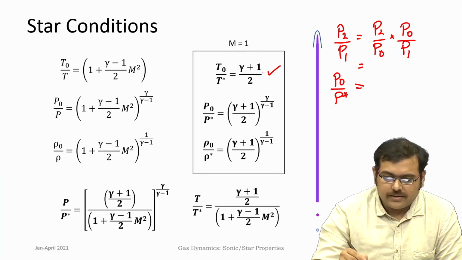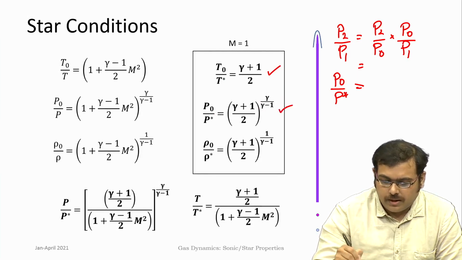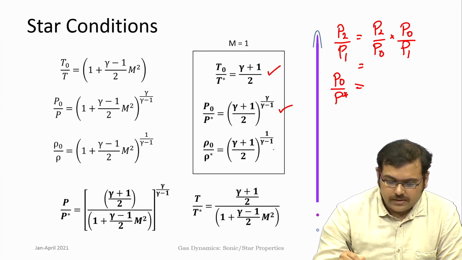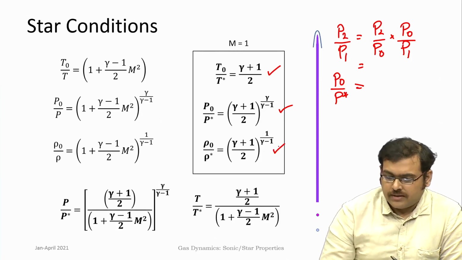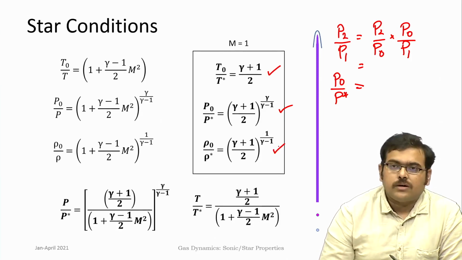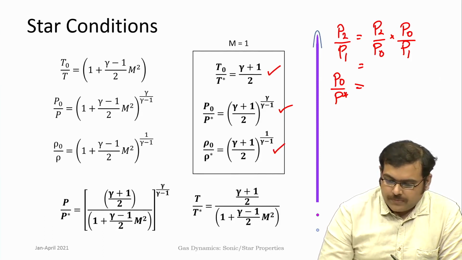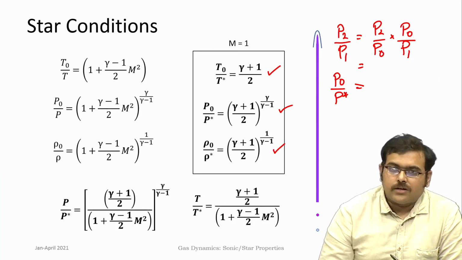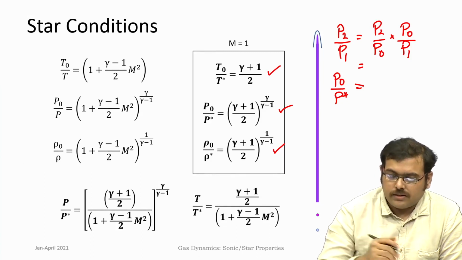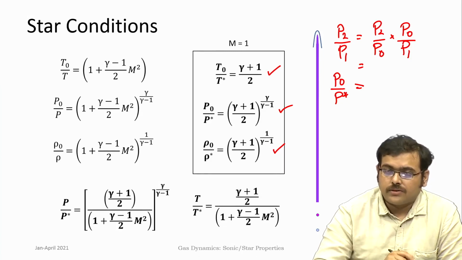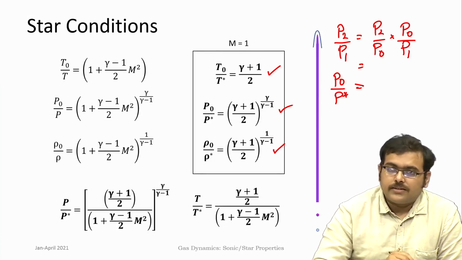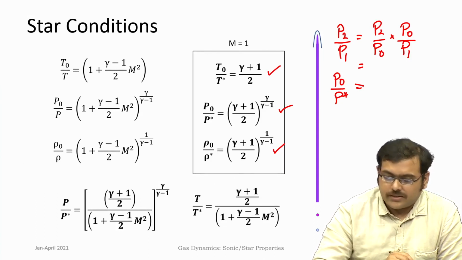T0 by T star is gamma plus 1 by 2, P0 by P star is gamma plus 1 by 2 the whole power gamma by gamma minus 1, and similarly rho naught by rho star is gamma plus 1 by 2 the whole power 1 by gamma minus 1. So these three equations tell you how the stagnation properties and the star properties are related to each other.